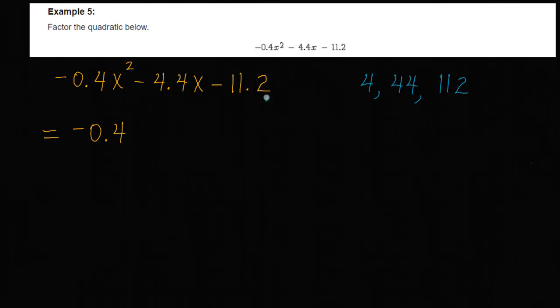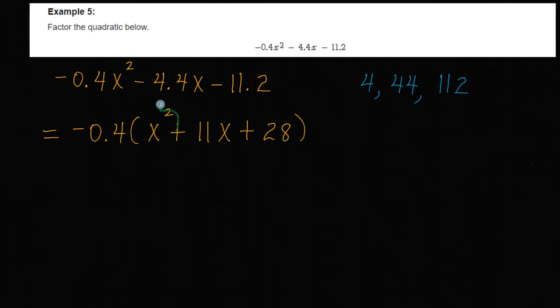And now we have that this polynomial is going to be equal to negative 0.4 times x squared plus 11x plus 28. You can verify that these coefficients are correct by simply multiplying negative 0.4 times x squared.